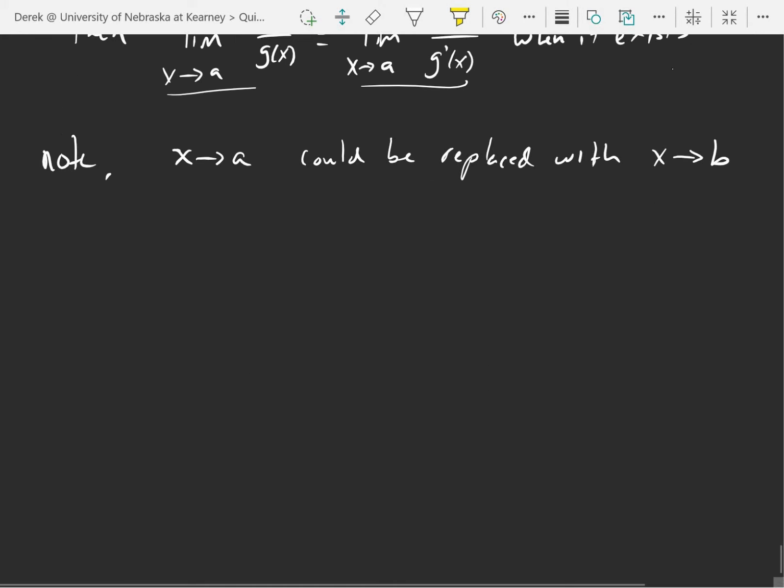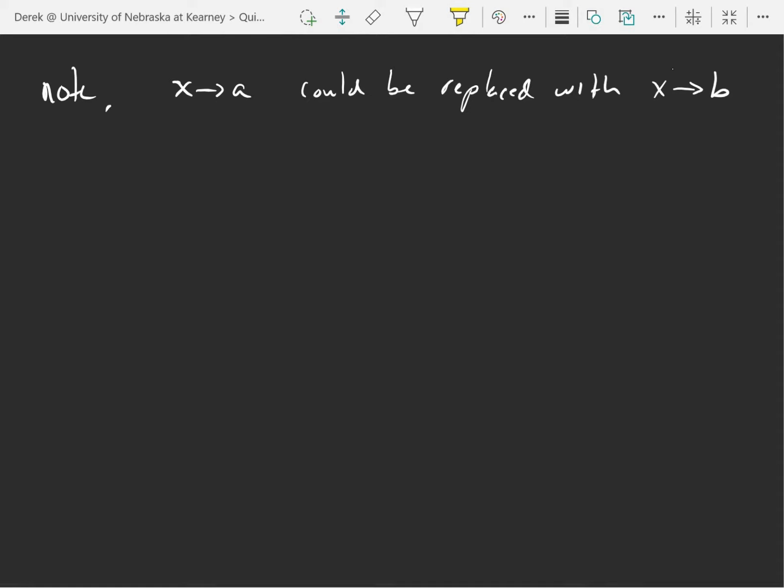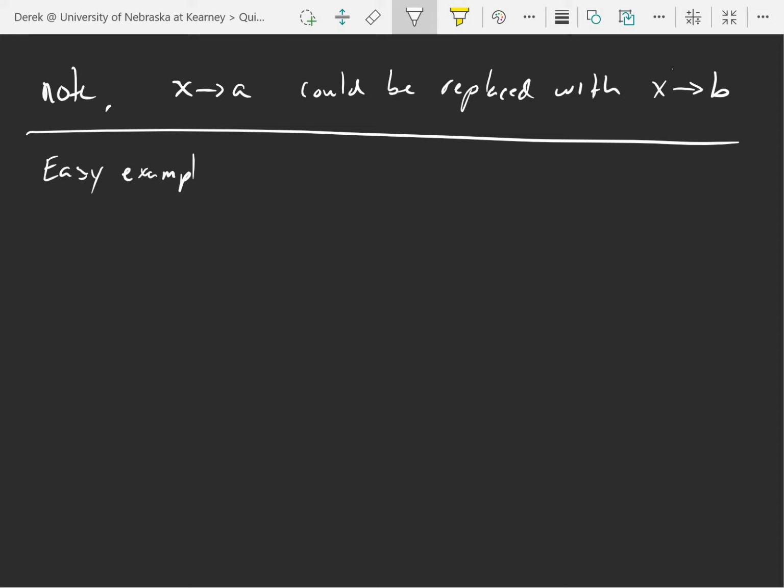So let me show you a quick example first, and then we'll talk about why it's true a little bit, and then get into some more examples. So, sort of an easy example to start with. Maybe I want to compute the limit, or find the horizontal asymptote, of this rational function.